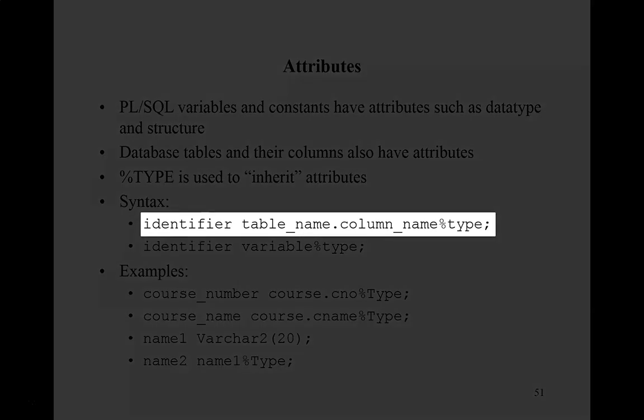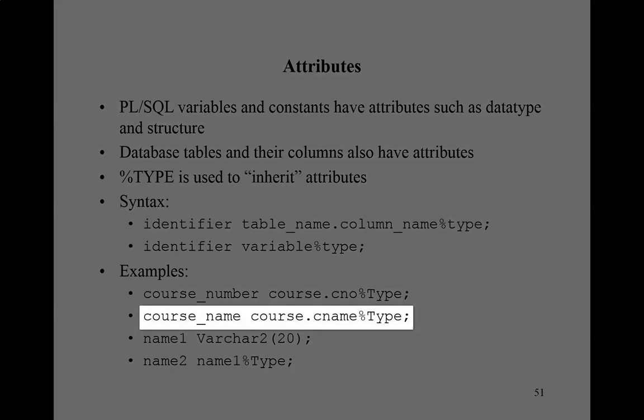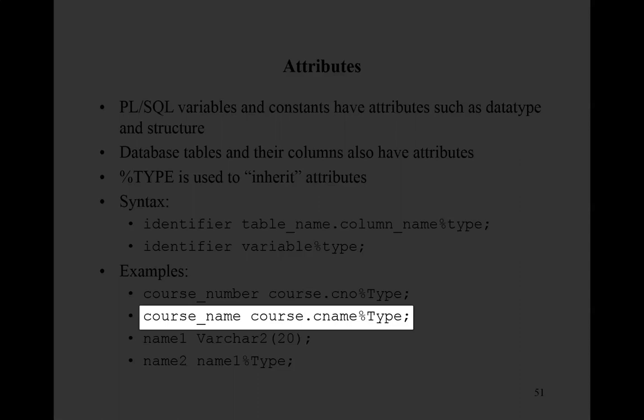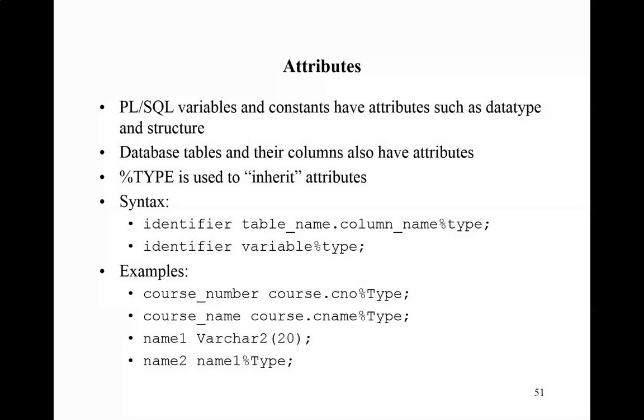For example, we can specify some identifier that looks like a particular column of a particular table by specifying the table name dot the column name %type. So rather than hard code varchar2 length of 20, we're saying let's model it after the CNAME column of the course table, and we say to do this by specifying the %type. Then this variable will have the same data type and size as this column.